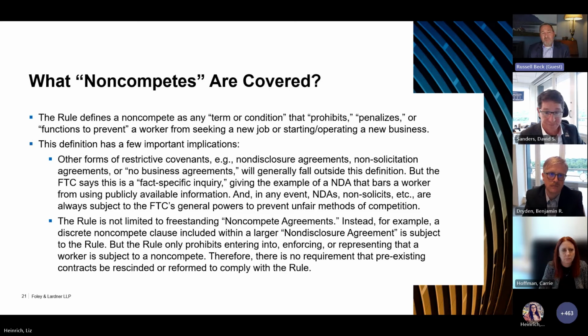The rule is not limited to freestanding non-competes. It's not that it has to be, here's your non-compete, here's your non-disclosure, here's your non-solicit. This could be a non-compete that is included in any agreement that you might have. And typically, the way most companies do it, in my experience, is there is a restrictive covenant agreement, by whatever terminology it may be called, and it will have all of the different provisions in it.